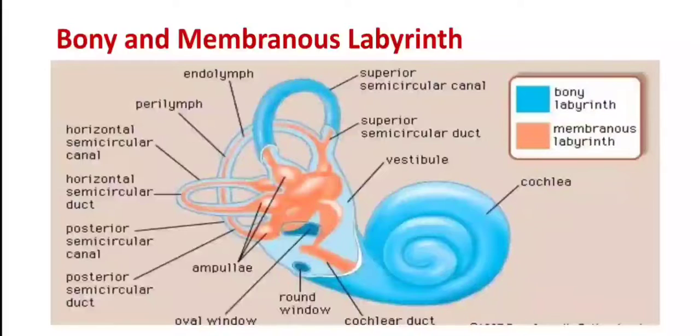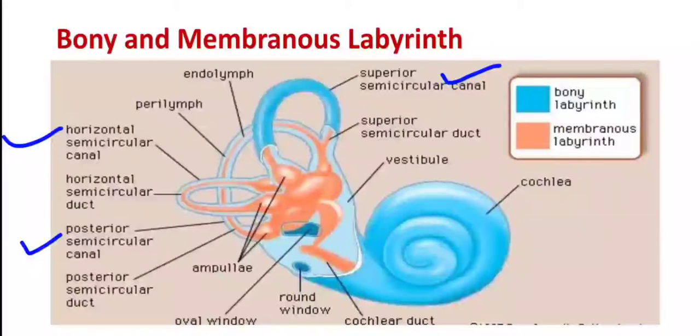In this structure, bony and membranous labyrinth is shown to you. Here the blue part is showing the canal, whereas a slightly orangish or peach color part is showing the duct. So here you can see semicircular canal: superior semicircular canal, then horizontal semicircular canal, then posterior semicircular canal.